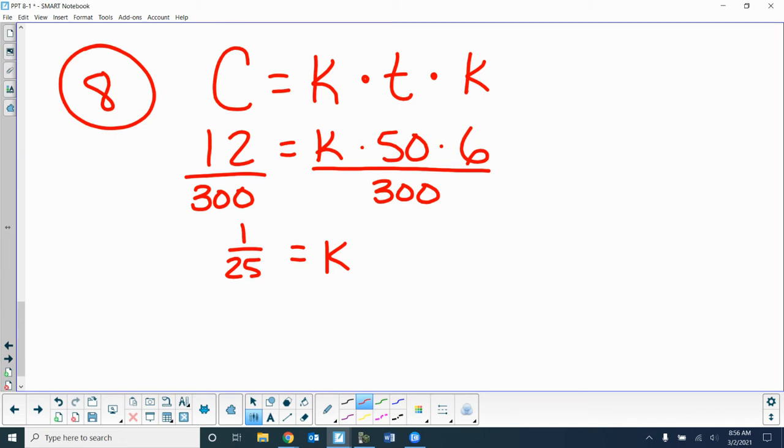All right, so what's the cost? What are they asking this time? What's the cost to the nearest cent when T is 30 hours and K is 8 cents per kilowatt hour? All right, so we're looking for cost this time. Got a 1 over 25. And T was what? Forgot already. It was 6 cents, wasn't it? Oh, 8 cents, 30 hours.